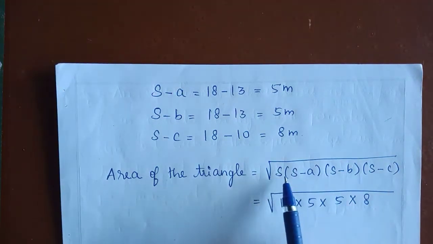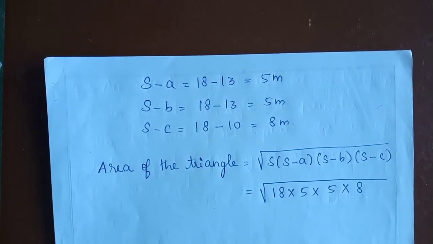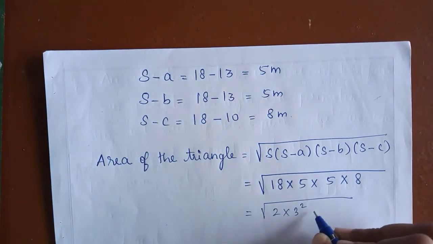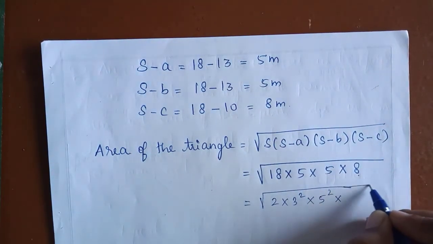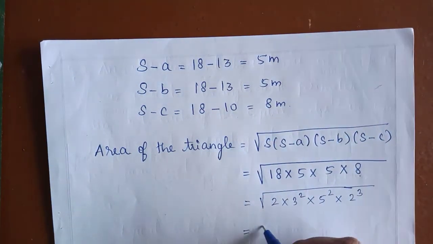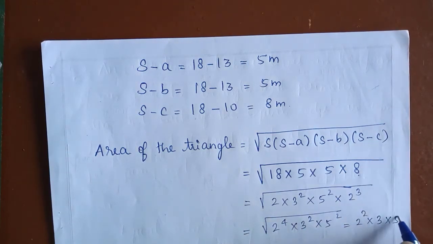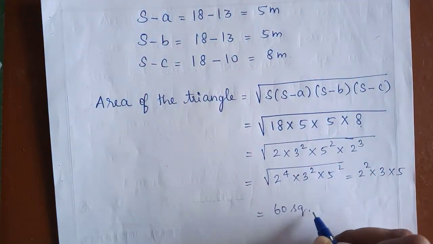Therefore area of a triangle is equal to root of S into (S minus A), (S minus B) into (S minus C) is equal to root of 18 into 5 into 5 into 8, which is equal to, we can split 18 as 2 into 3 square into, here you have 2 5s, so 5 square into 8 is nothing but 2 cube, which is equal to root of 2 power 4 into 3 square into 5 square is equal to 2 square into 3 into 5 is equal to 60 square meter.